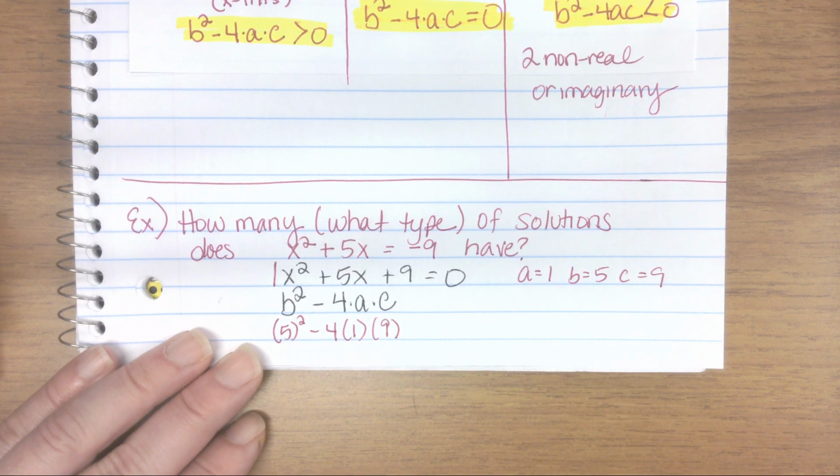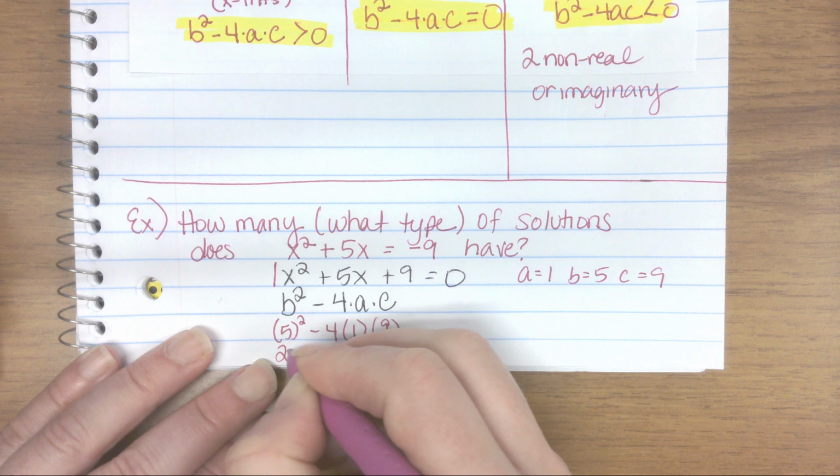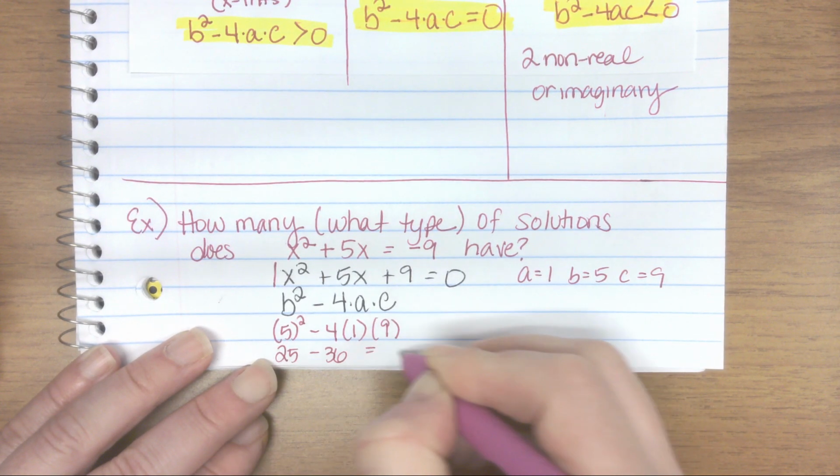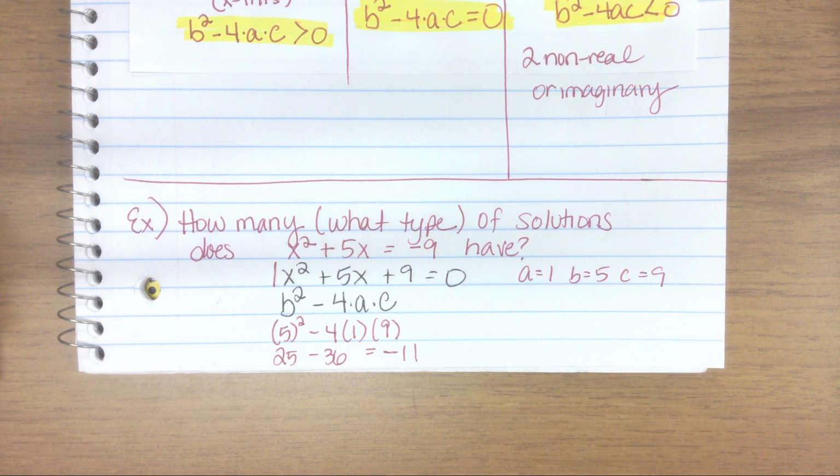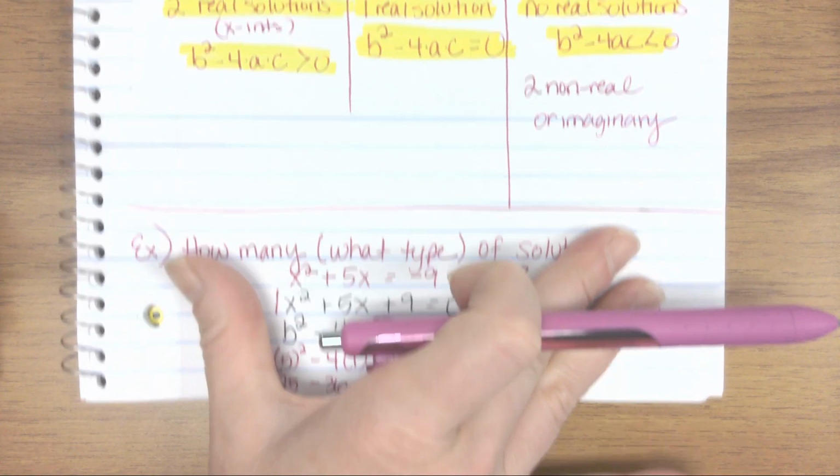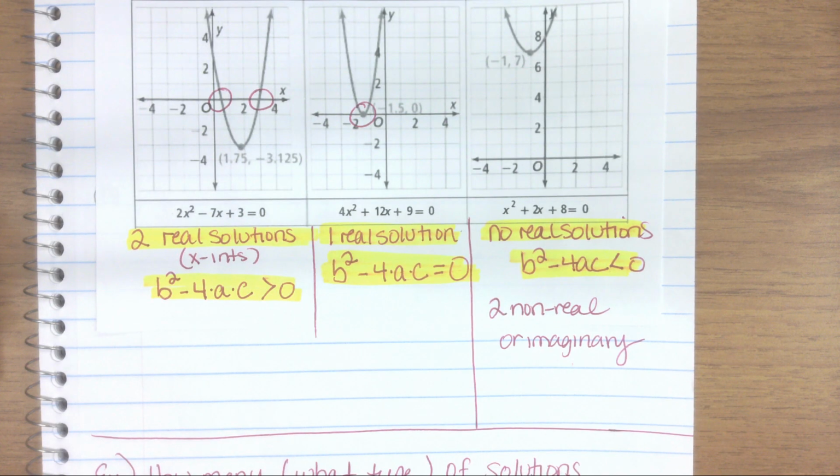So I'm seeing 25 minus 36, which is a negative 11. Okay. Is that what you got as well? Okay. Looking up above, how many solutions and what kind? Well, first of all, I can say, no, it's negative, right?